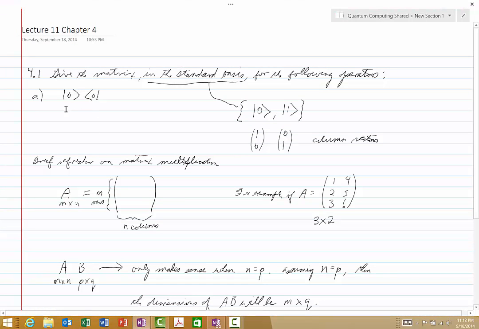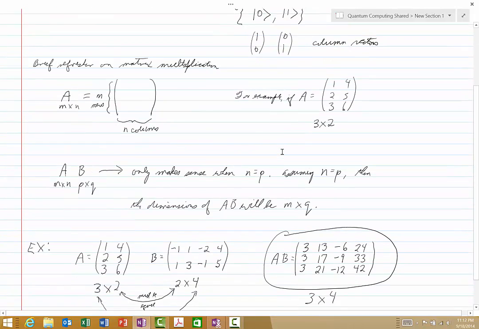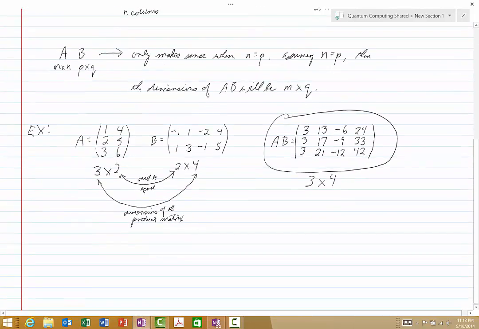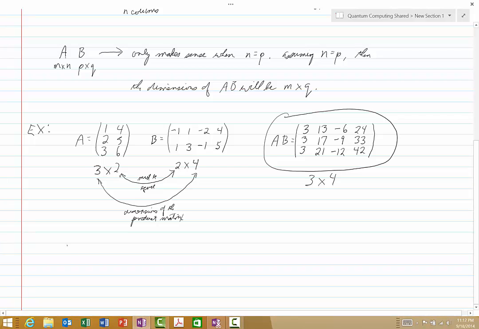Okay, so we want to find the matrix for this operator here, and we have already said that the 0 cat will correspond to the 1 0 column vector, and the 1 cat will correspond to the 0 1 column vector. So that means that the operator we have here, 0 1, will be represented as 1 0.